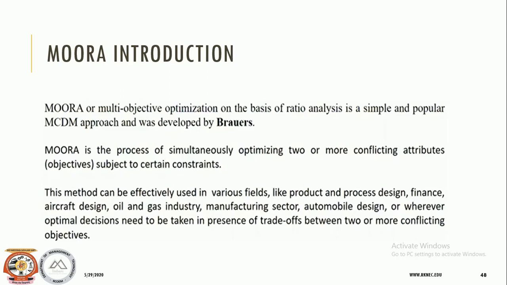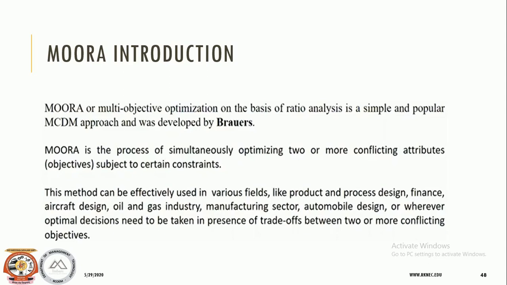In the ratio system approach, the basic idea is to determine the overall performance index of an alternative as the difference between the sum of weighted normalized performance of benefit and cost criteria. We have two kinds of criteria: the benefit criteria and the cost criteria. We select a particular alternative based on the preference value, which is the difference between the sum of weighted normalized performance of the benefit criteria and the cost criteria.